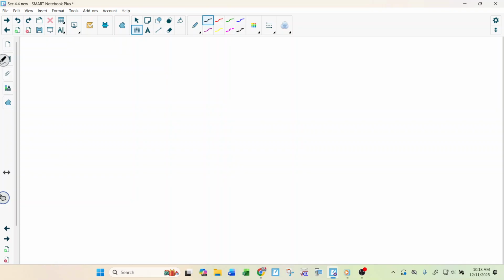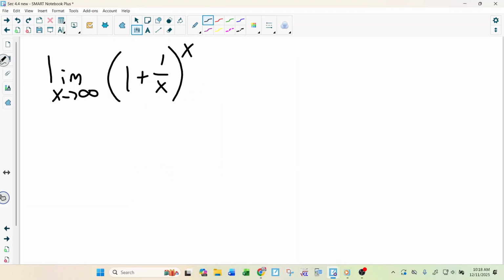So we have the limit as x goes to infinity of 1 plus 1 over x, to the x. All right, let's do this one. Anytime we have this kind of variable to a variable, we need to do the e thing.